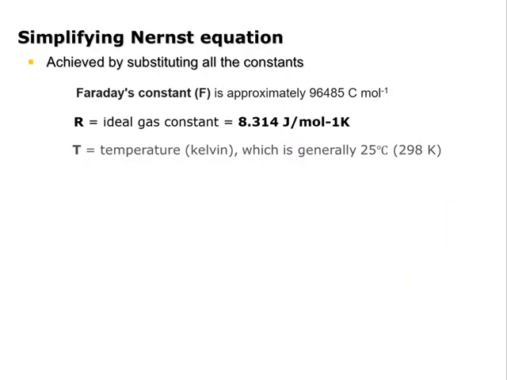Okay, let's simplify the Nernst equation. From our previous slide, we understand that the Nernst equation is E cell equals E standard minus 2.303 RT divided by nF, then log Q. Okay, so what we want to do is to simplify the Nernst equation, so that we can get an easy version that we can work with in our calculations.